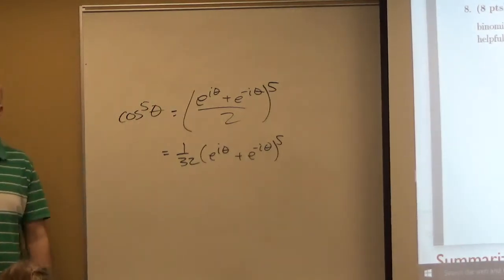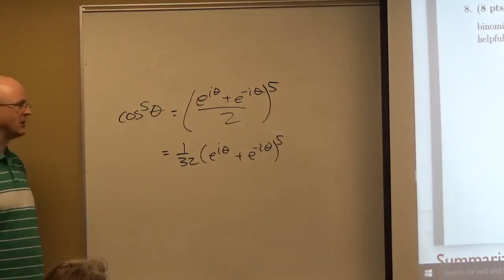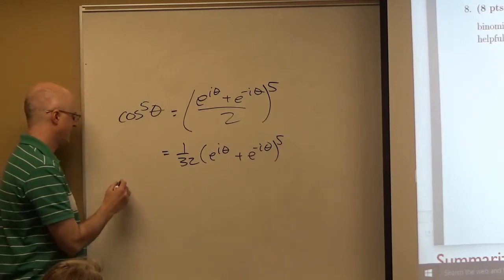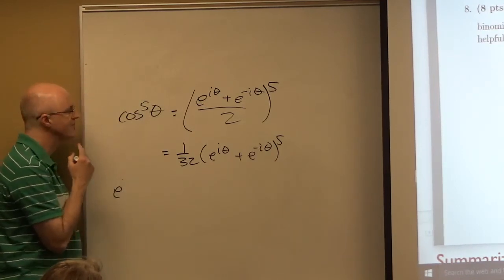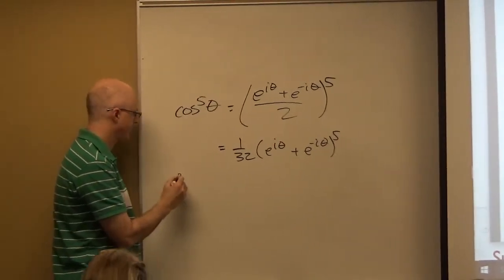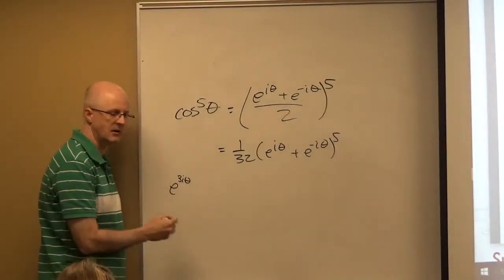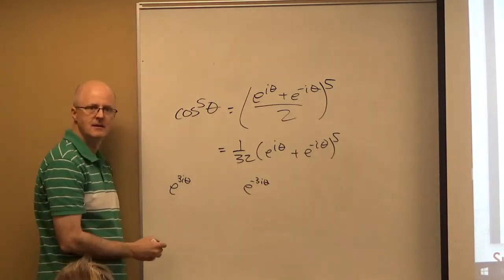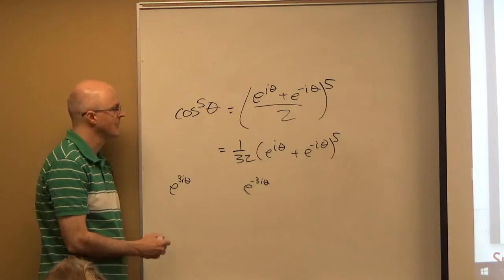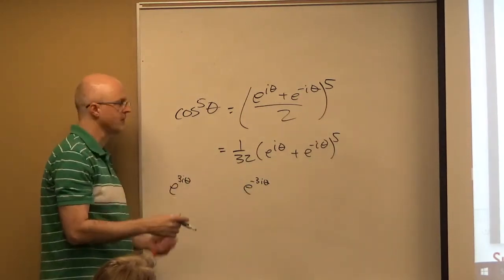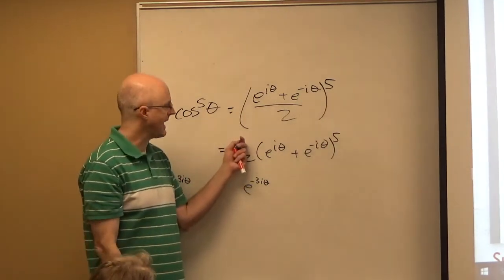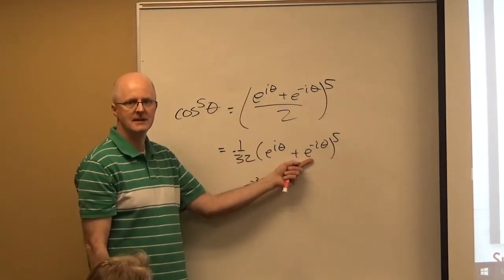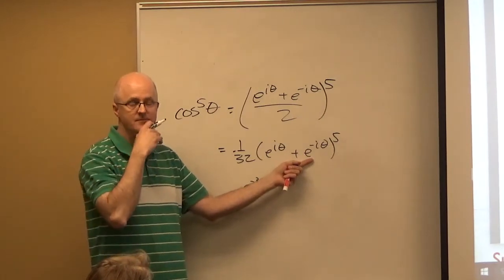And after you expand it with the binomial theorem, you will get things like an e to the 3i theta term, for example, and you'll also get another term with an e to the negative 3i theta. Let's ignore the 1 over 32 here. What would the coefficient be of that particular term? It would come from raising this one to the 4th, this one to the 1st, and also with Pascal's triangle.